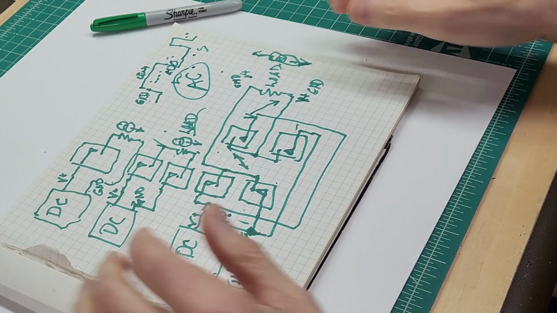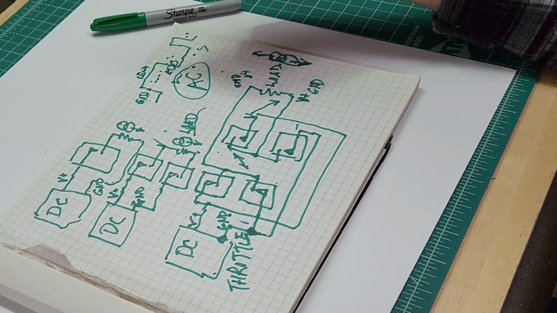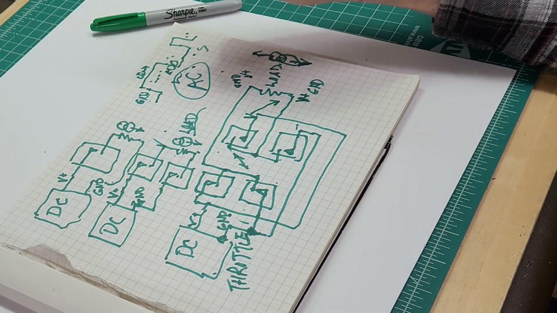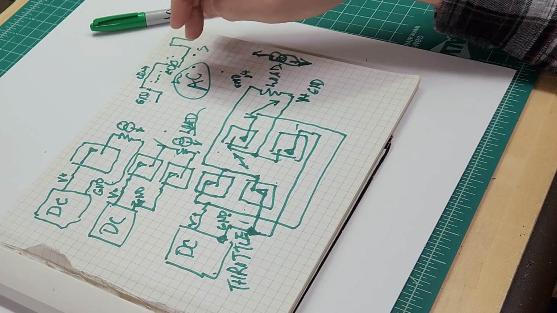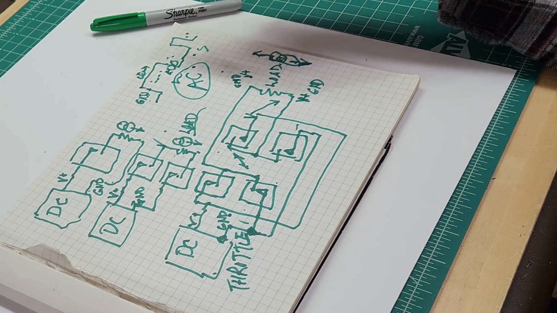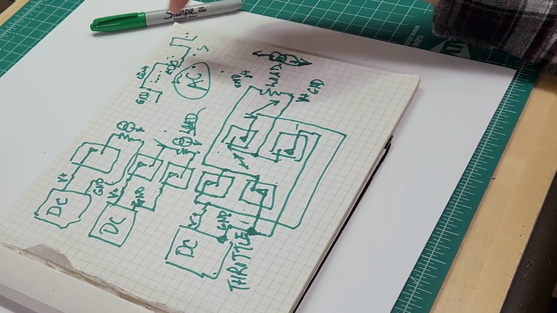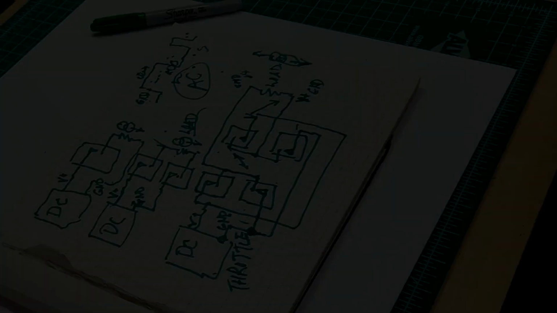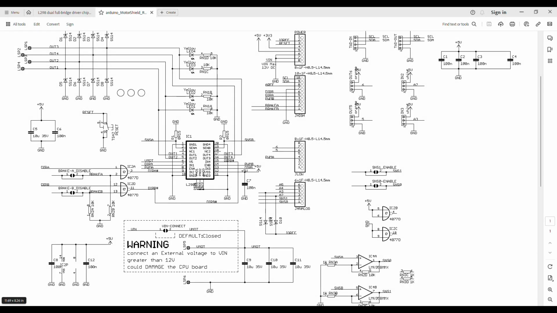Now, the next thing I want to do is show you how something called a decoder would take this kind of signal and make it into something it can use. This is a schematic of the Arduino motor shield.